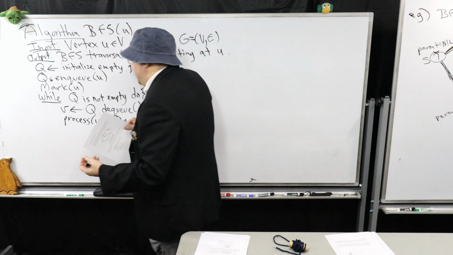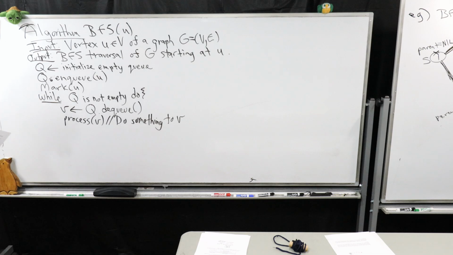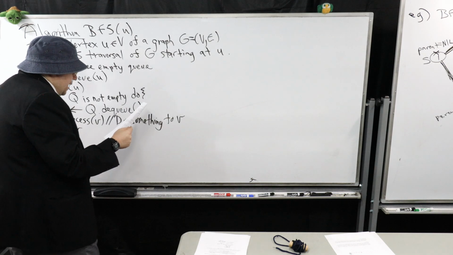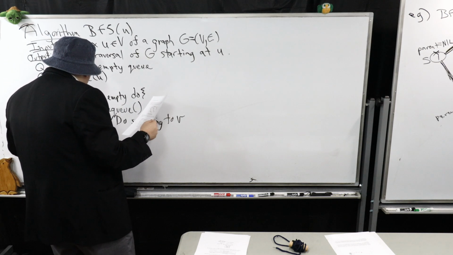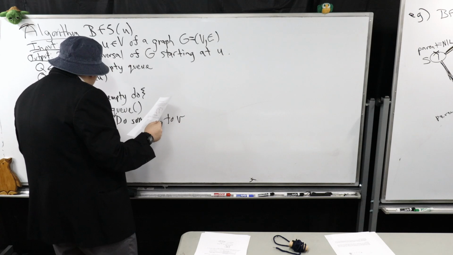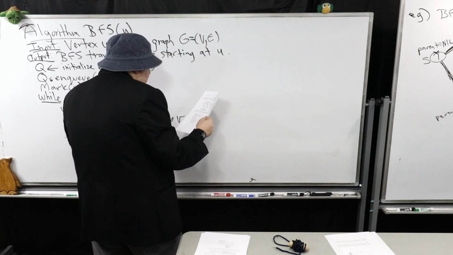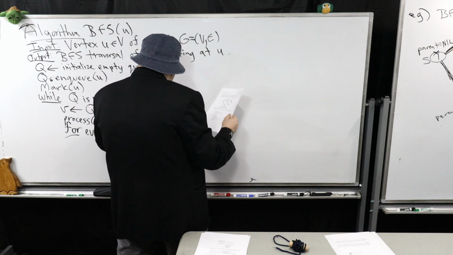I'm just going to assume that it's some constant time process, but it could be something else. Now, I have to go through all of my incident edges. For every edge VW, we're going to do the following.